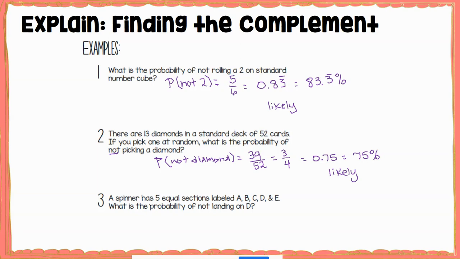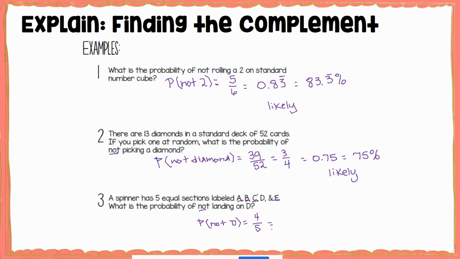Number 3 says a spinner has 5 equal sections labeled A, B, C, D, and E. What is the probability of not landing on D? So the letters that I could land on are A, B, C, and E. So the probability of not landing on D is that there are 4 letters that are not D out of 5 total letters.